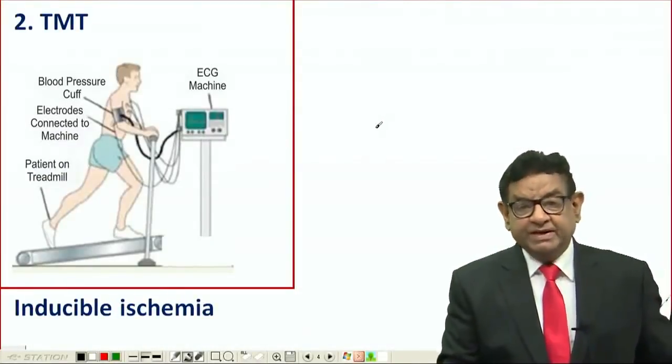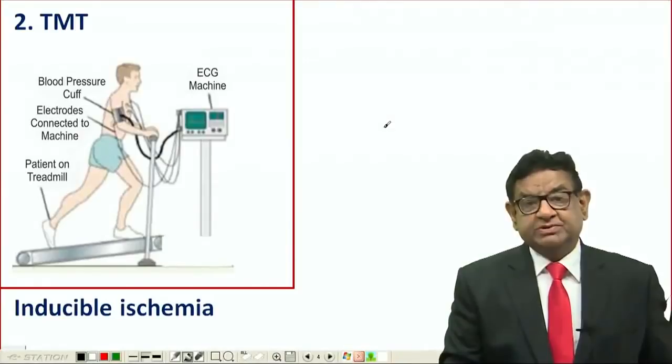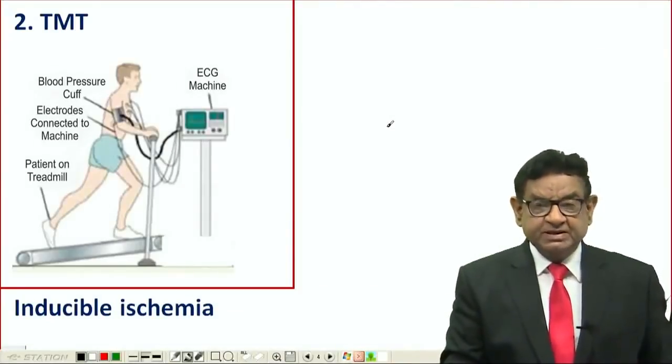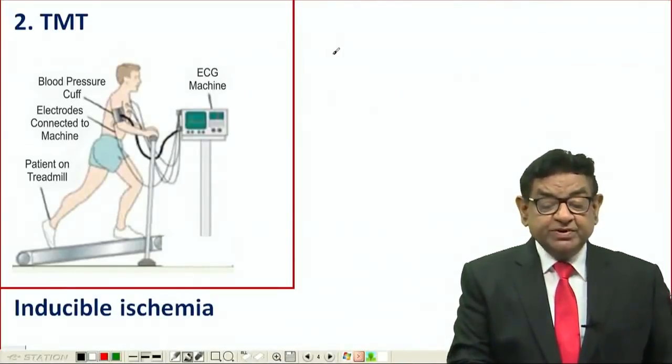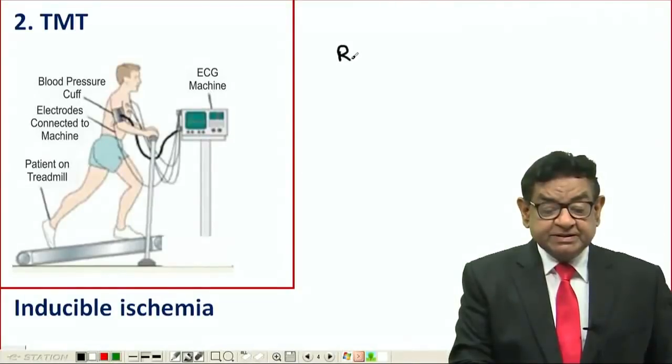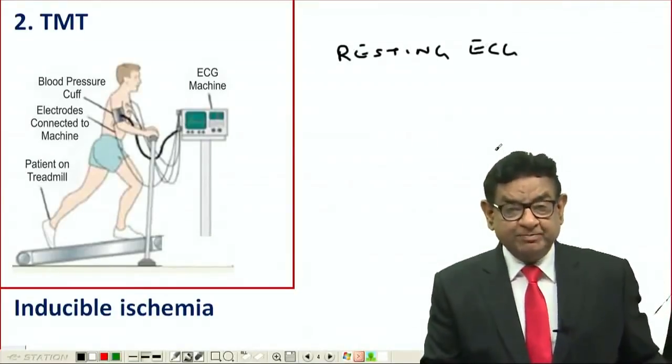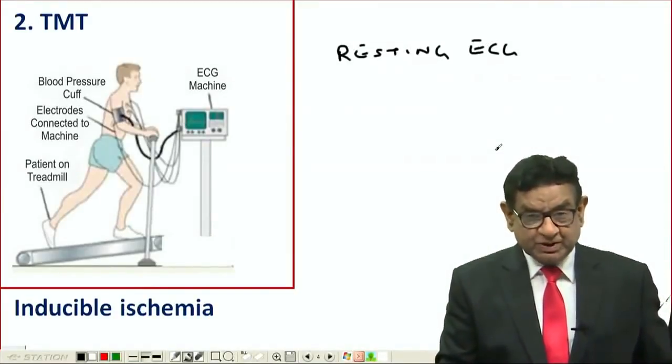When we are planning for TMT, the so-called stress-induced exercise test, first we do the resting ECG. The patient lies supine on a bed and we do the recording as usual.